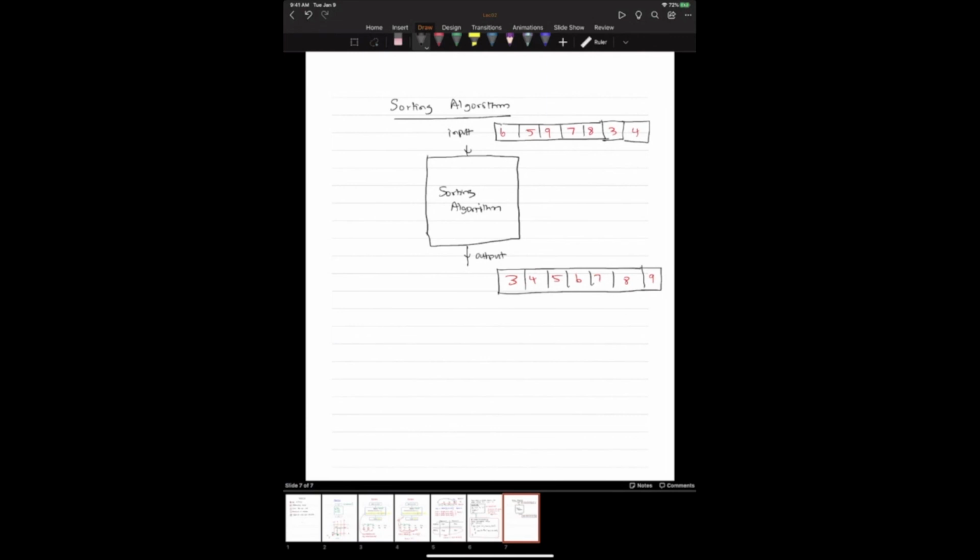Forget about the other numbers. We only talk about integers. Since the input is already given, the algorithm will know the size of this array. Here, the size of the array is 7. Then the algorithm has to decide how to organize them from smallest to largest. Did I answer your question?